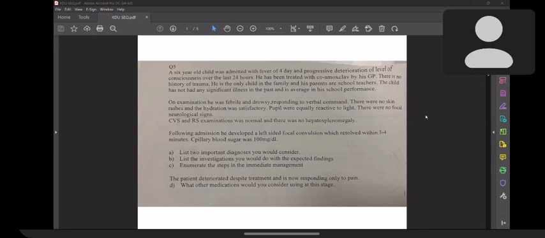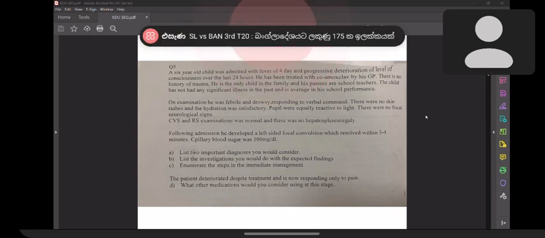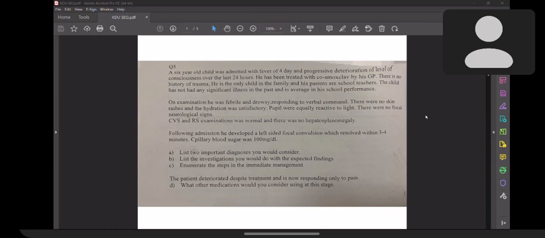When we say CNS infection, it could be an abscess, or it could be a tumor. But they are a bit unlikely because there are no lateralizing signs or focal neurological signs. That is an important feature that you need to think of.